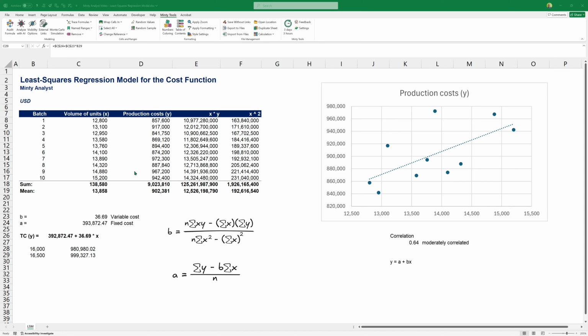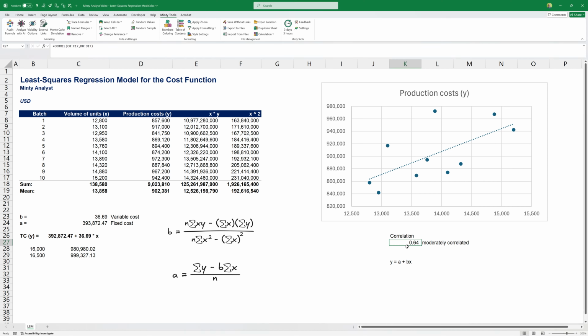Then on the negative side, as we already noted, it is quite susceptible to outliers, since the distance between the data points and the cost function line, so this distance here, is squared. It also has an inherent assumption that the two variables that we're analyzing, x and y, have at least some kind of correlation.